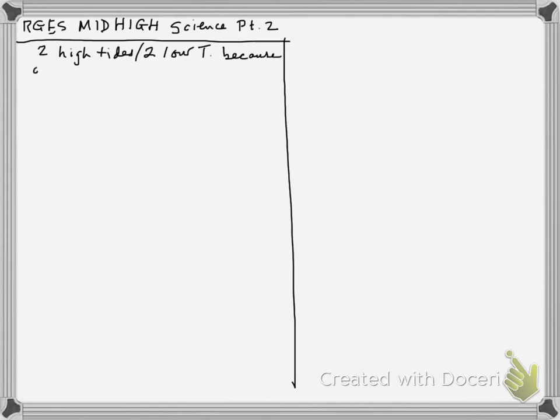We call that the Earth's rotation. So the Earth is turning, and so you have the high tides on opposite sides of the Earth, but between the two high tides there's also low tides, where the water has been pulled away to the high tide. So we have these lower areas of sea level.